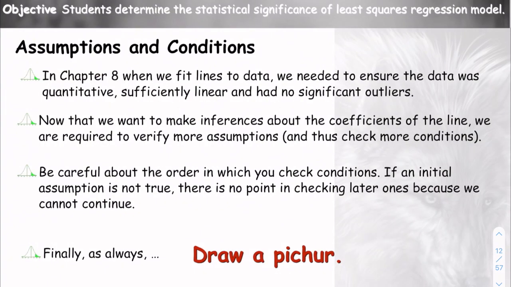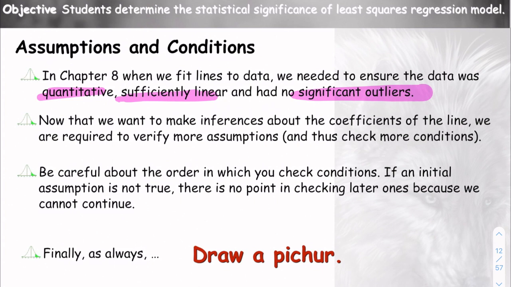Like always, when we jump into one of these things, we have to check our assumptions and conditions. When we talked about least squares regression models in Chapter 8, when we fit lines to data, we needed to ensure that the data is quantitative, sufficiently linear, and has no significant outliers.